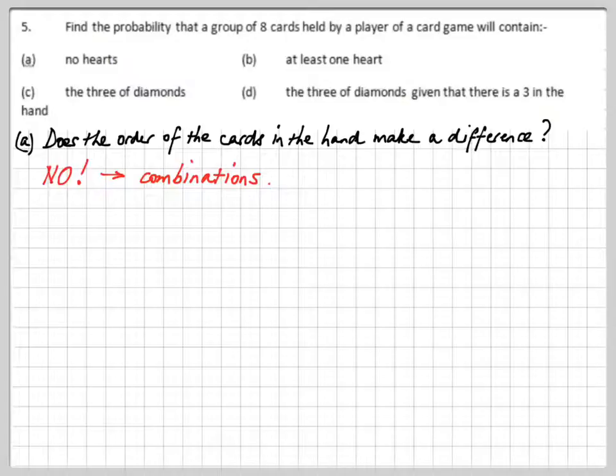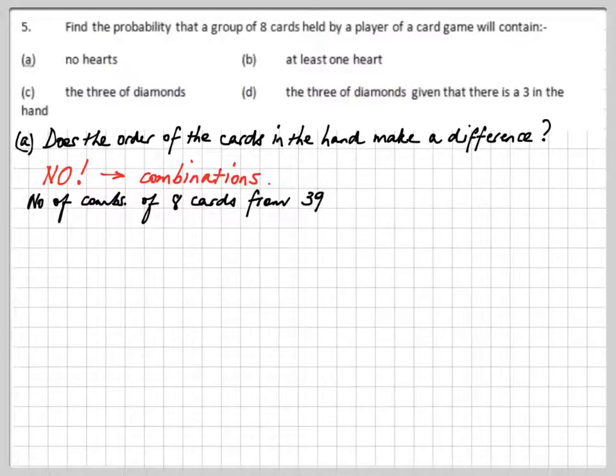Well, there are 13 hearts. So if we don't have any hearts, we've got 52 minus 13 cards left, which is 39 cards. So really, we've only got a pool of 39 cards to choose 8 from, because we can't have any hearts, right? So the number of combinations of 8 cards from 39, excluding the 13 hearts, is 39C8, right?